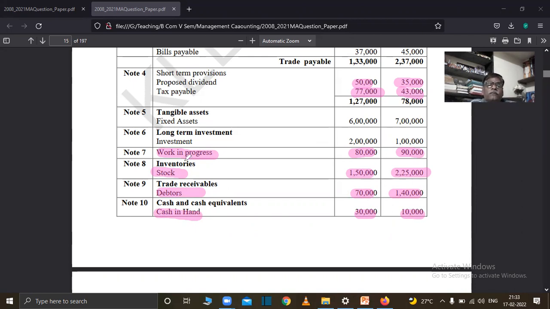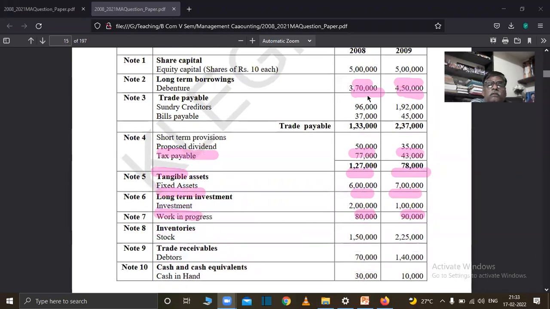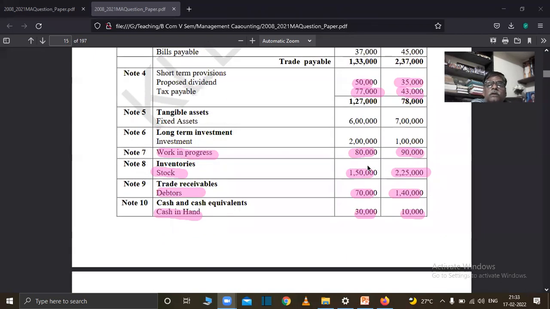Like that, you take these 4 items, current assets 1, 2, 3, 4, and current liabilities 4 items. You take and prepare the table and arrive at the changes in working capital.